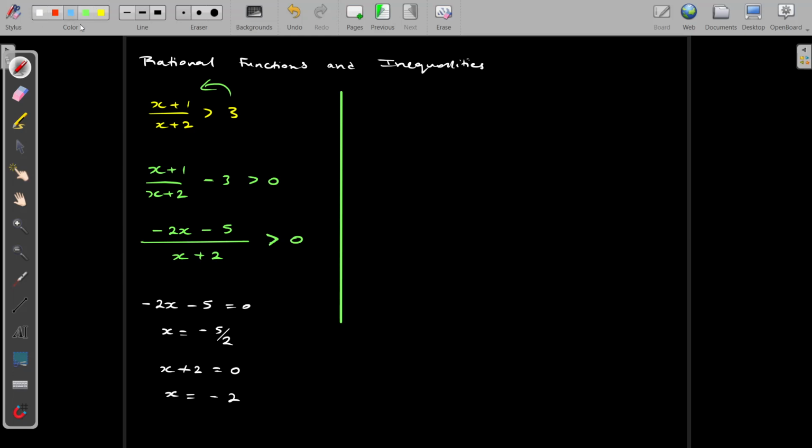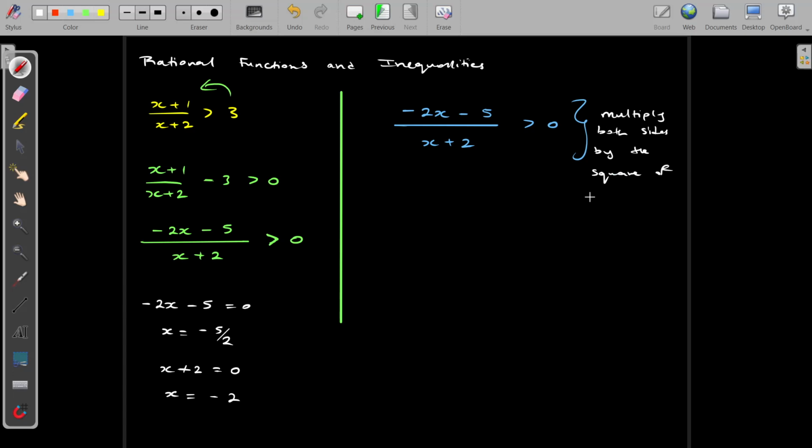So this is what we have. We have minus 2x minus 5 divided by x plus 2 is greater than 0. We can multiply both sides by the square of the denominator.